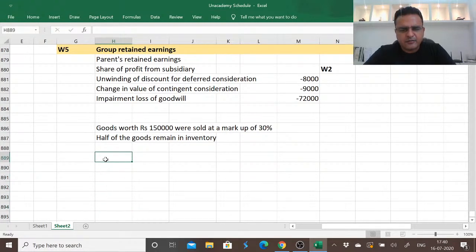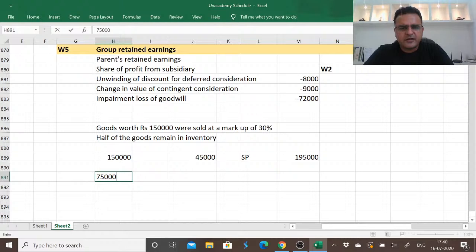If they were sold at a markup of 30%, that means 30% of 1,50,000 is 45,000. The selling price was actually 150,000 plus 45,000.